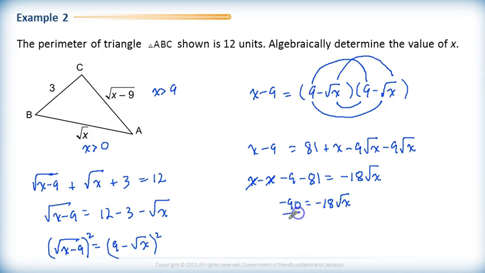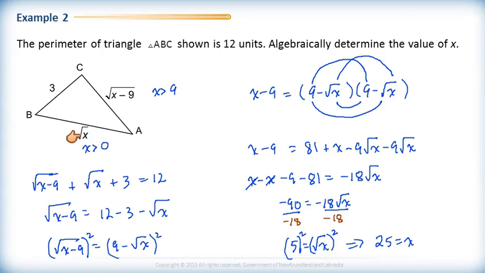I can divide both sides by negative 18, like so. That gives me 5 equals root x. I square both sides, and I get 25 equals x.